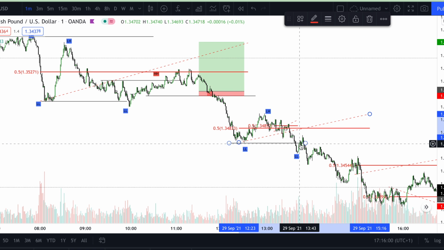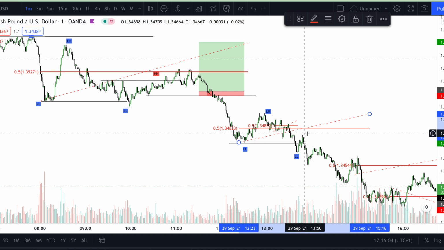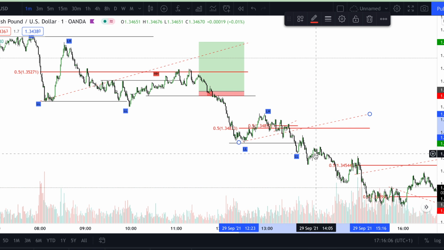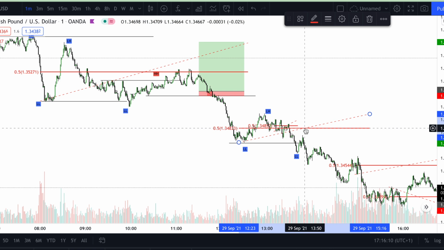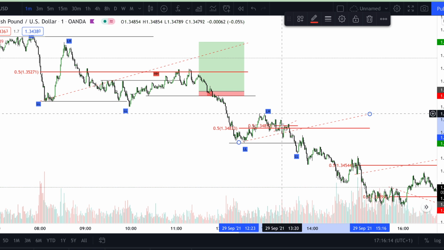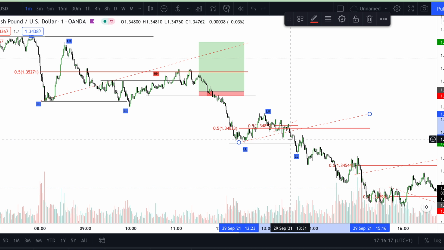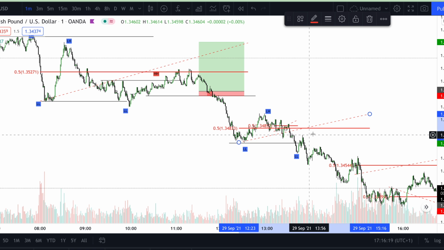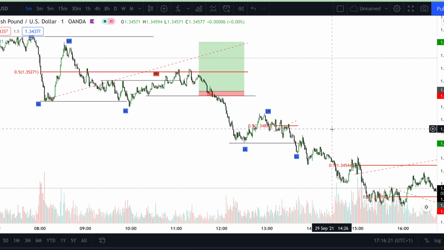So this is a break of structure, since this lower low is getting broken up here, and then we can look for entries over here for shorts. I would be looking around this area, but price never came here since there were already orders mitigated over here, and price moves downside.